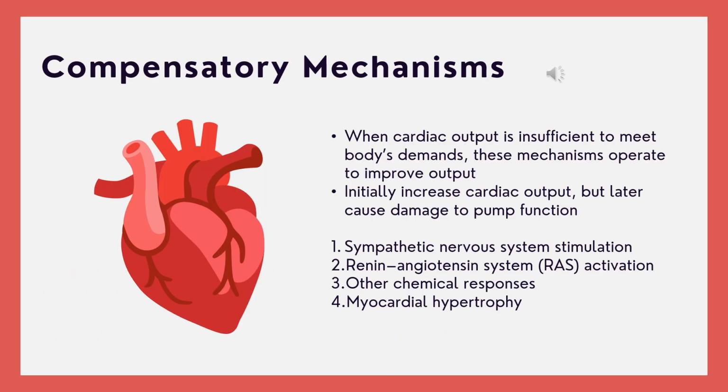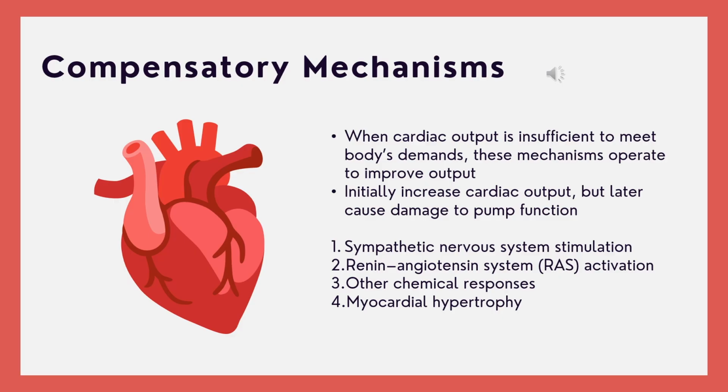All right, so let's talk about the different compensatory mechanisms that our body has whenever the heart is failing and cardiac output is insufficient to meet our body's demands. Our bodies are really cool. Whenever it senses that, hey, we're not getting enough blood or perfusion to our tissues and organs like we need because the cardiac output's insufficient because the heart's not working, the body has these series of compensatory mechanisms.